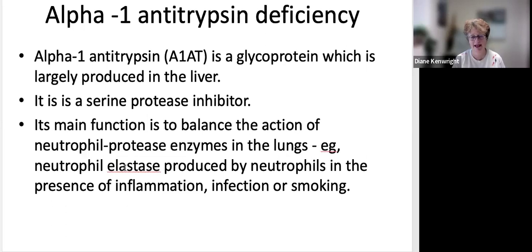The neutrophil elastase in the lung, if not inhibited, will cause breakdown of the walls in the lung, i.e. emphysema. What activates it? Inflammation, infection like pneumonia, or smoking. So if a smoker has alpha-1 antitrypsin disease, they can activate their neutrophil elastase. It's not inhibited, and they will get emphysema at a very early age.